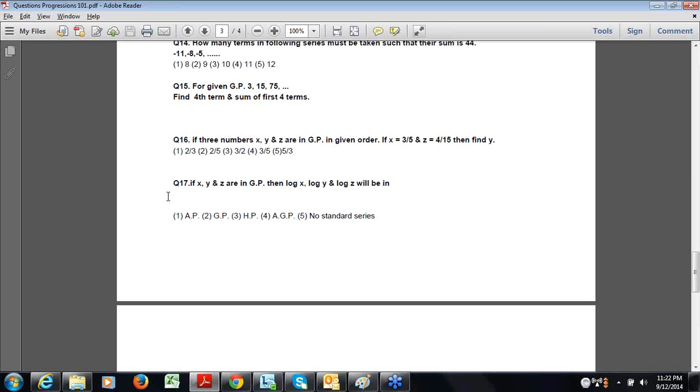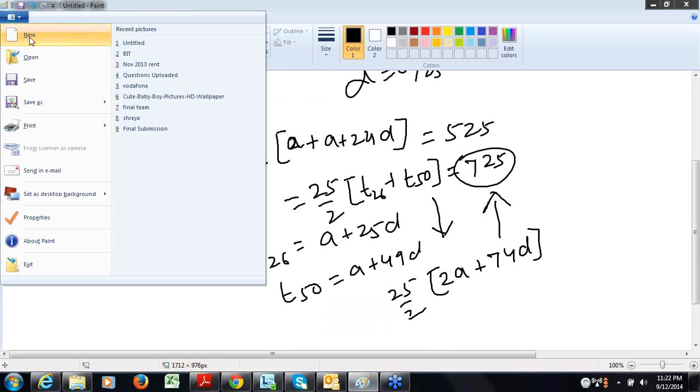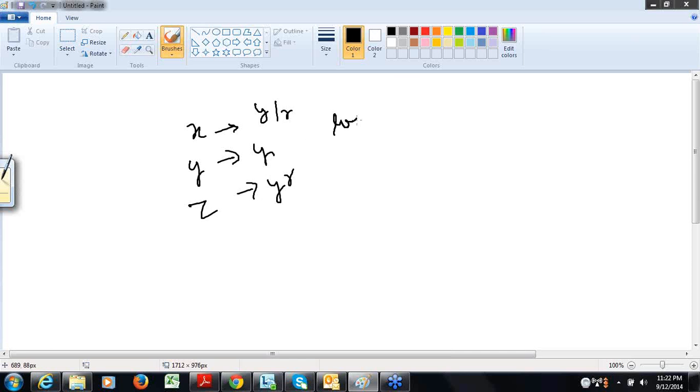Question number 17 people want. It's a very basic question. x, y, z are in GP, then log x, log y and log z will be in what? Okay, let me explain. x, y, z are in GP, so it's y by r, y, yr. So log y by r, log y and log y r.